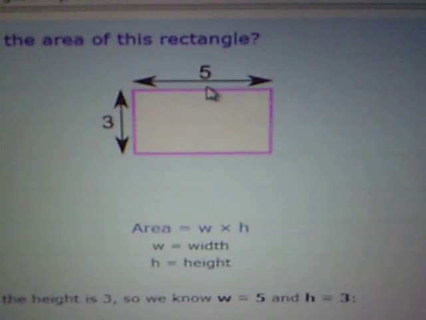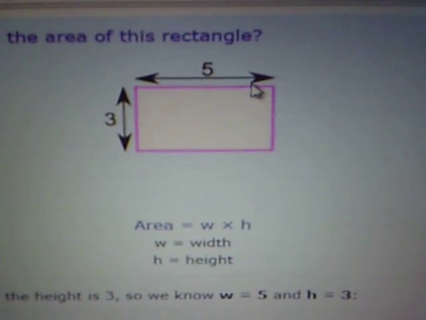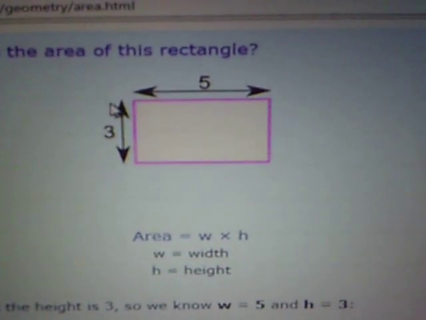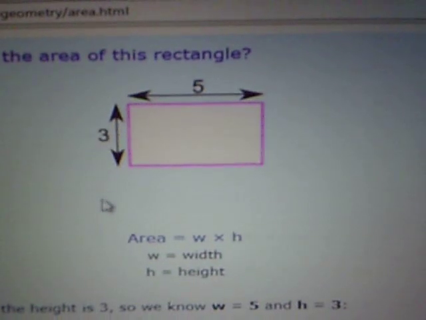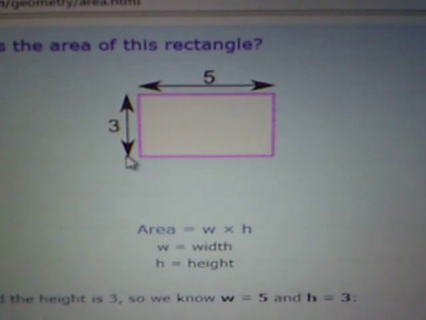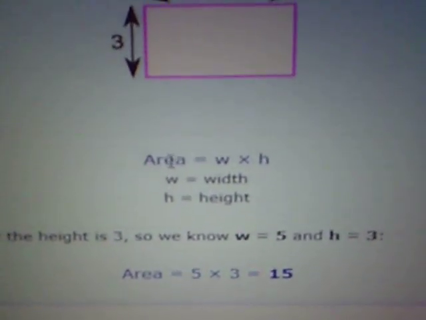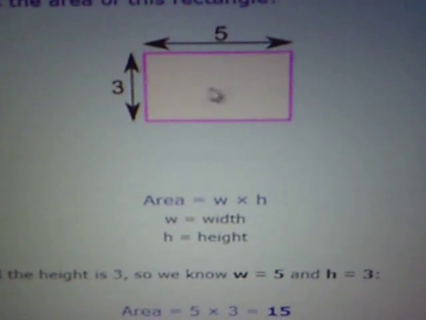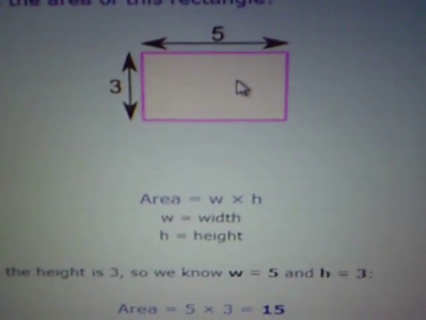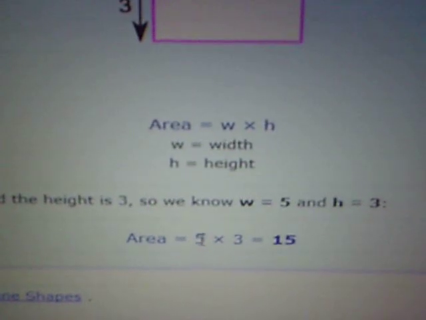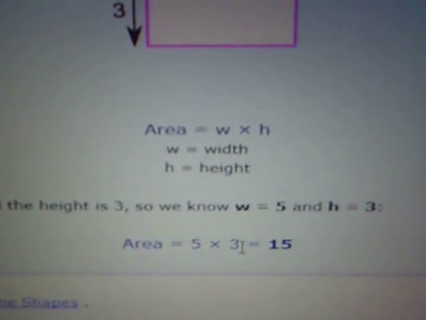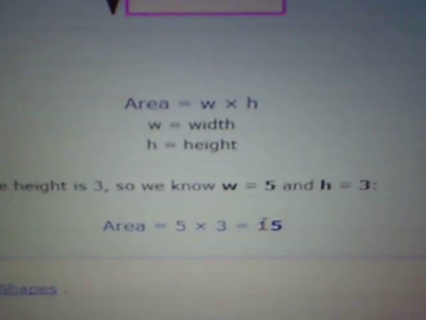The width, or the base, is 5 in this example. Then you have to figure out the height. The height in this example is 3. So to find the area, which is how much space is on the inside of this 2D shape, you take the width times the height, 5 times 3, and you get the area of 15.